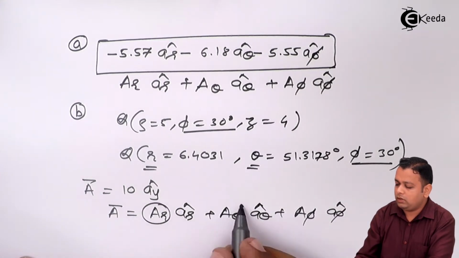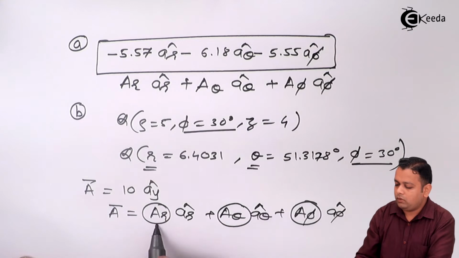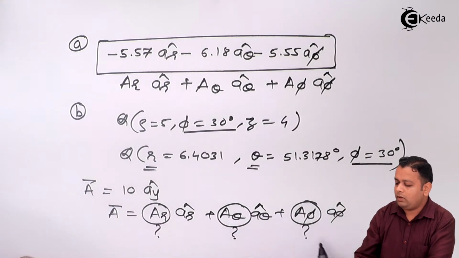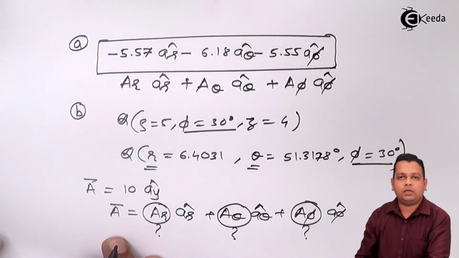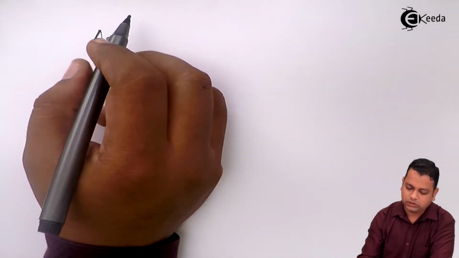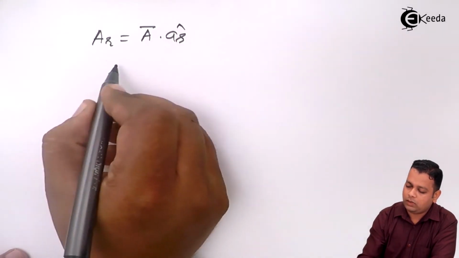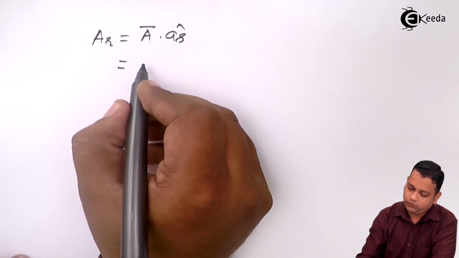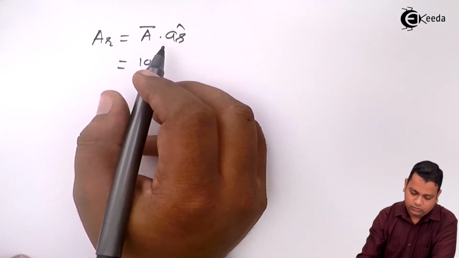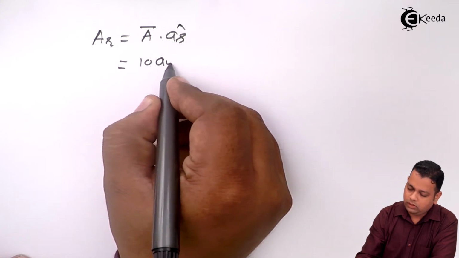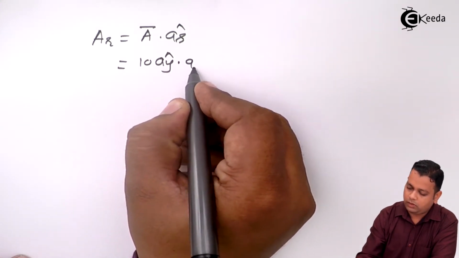So let us again calculate the values of AR, A theta and A phi. AR is equal to vector A dot AR cap. So it will be 10 AY cap dot AR cap.